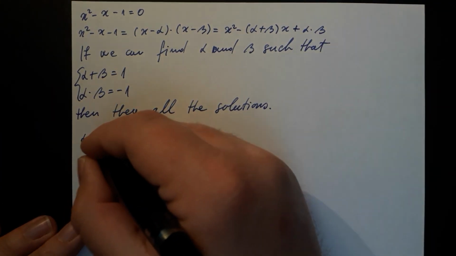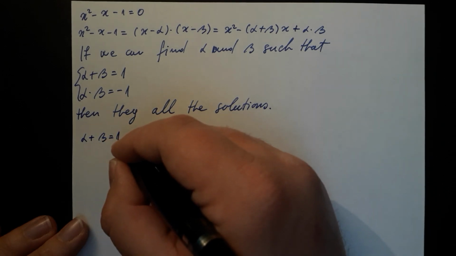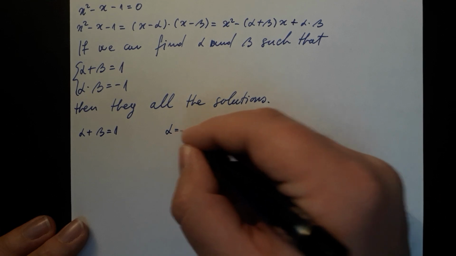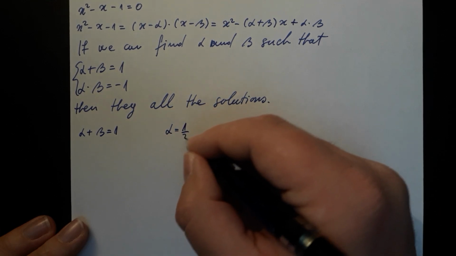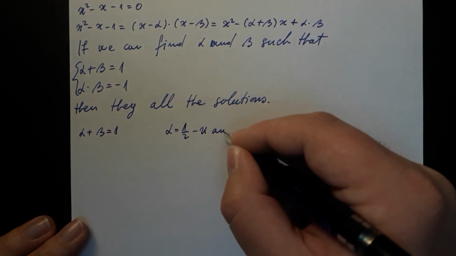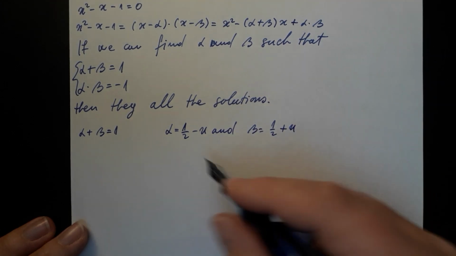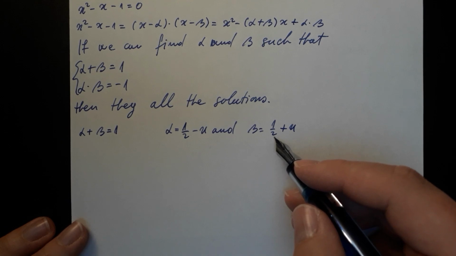Since alpha plus beta is equal to 1, I need to find u such that alpha is equal to 1/2 minus u and beta is equal to 1/2 plus u. And these two numbers give the product.